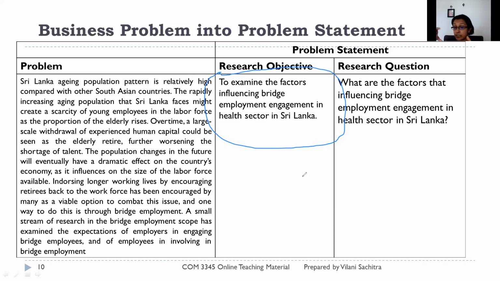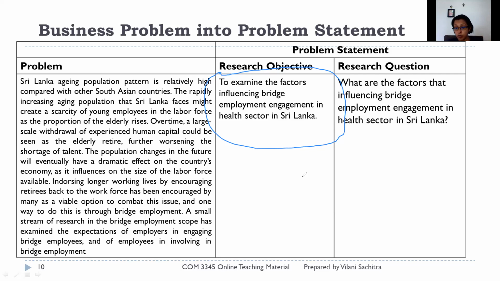Right, so the student justifies why he selected the health sector, because the health sector has the most severe influence from these retired employees. We know how much we spend on training people in this sector, specifically medical doctors and nurses, right? If they retire continuously and their retirement rate is high in the near future, who is going to fill that gap?